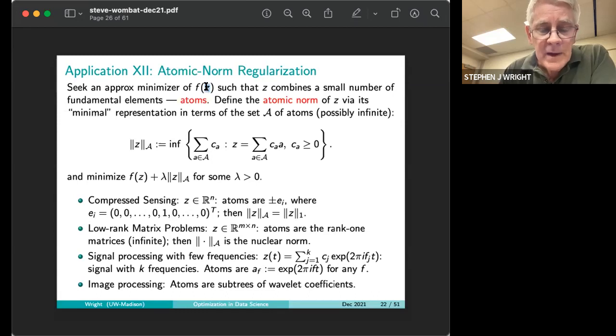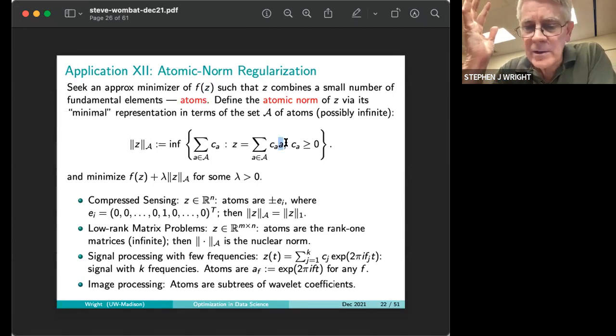So Z itself might belong to a very high dimensional set, but I might be looking for minimizers or approximate minimizers of F, where the Z's are just a linear combination of a small number of fundamental elements. So in compressed sensing, for example, these fundamental elements are just vectors with a 1 in one location and zeros everywhere else. They have a very natural definition.